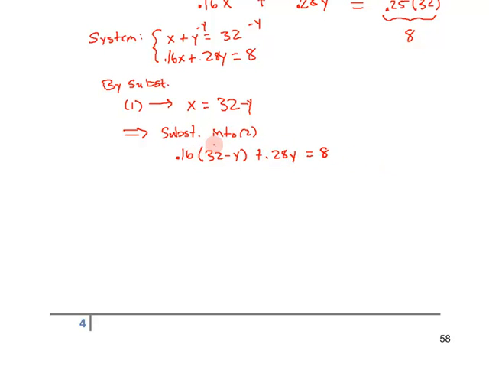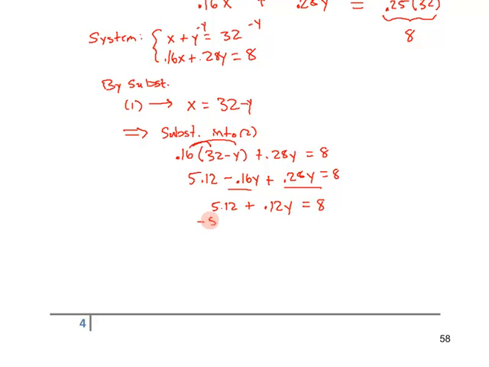One equation, one unknown. Simplify the left-hand side to solve. 0.16 times 32 gives me 5.12 from my calculator, minus 0.16y plus 0.28y is equal to 8. If I collect like terms, I have 5.12 plus 0.28 minus 0.16, which is 0.12y, equal to 8.